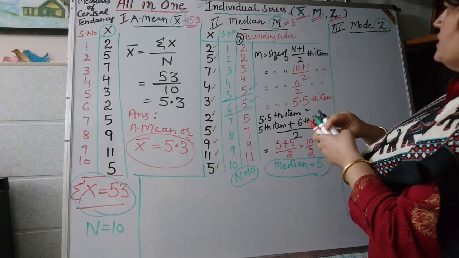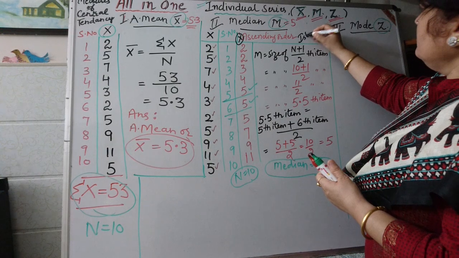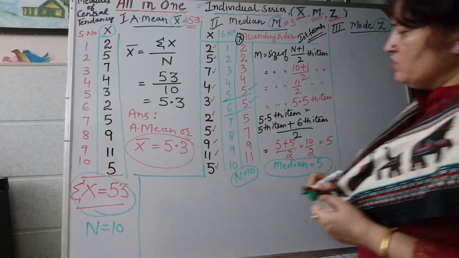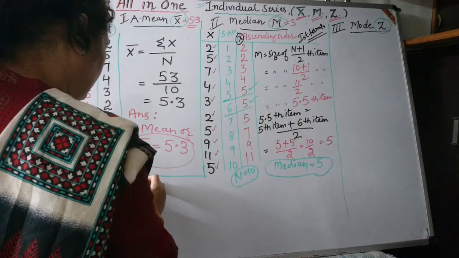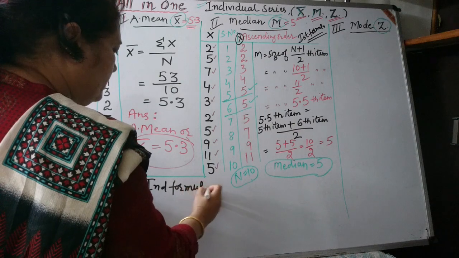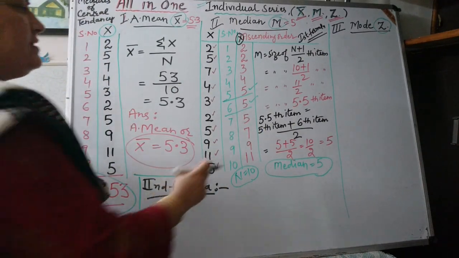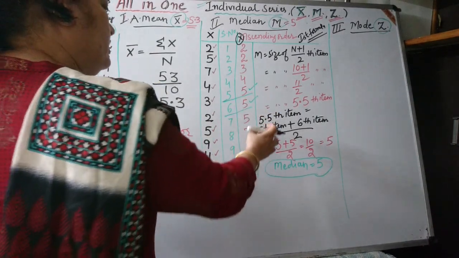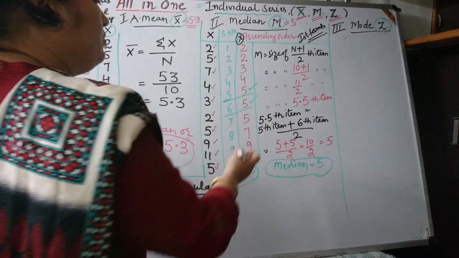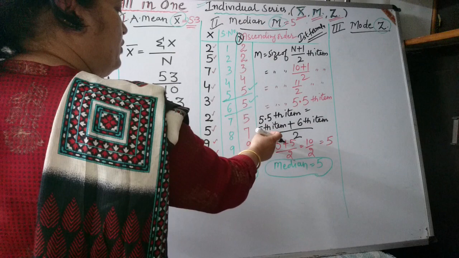This was the first procedure for the calculation of median, the first formula. Another formula for the calculation of median is the second formula. If the values are given in decimal like 5.5, or suppose 6.5, 9.5, 0.5, it means half values can be calculated with the help of this method.